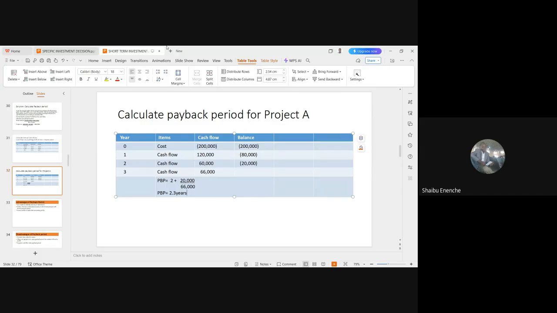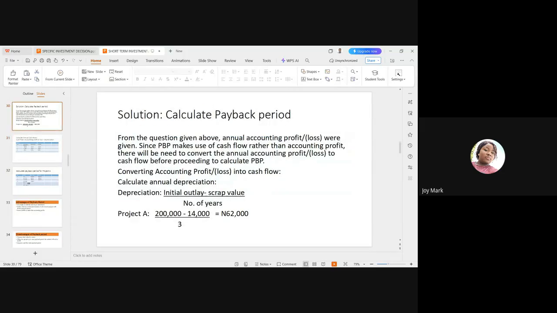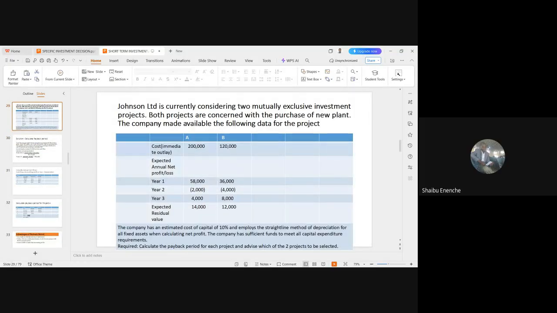That's the area I'm confused. Say the question, sir. Cost, immediate outlay. Okay, sir.